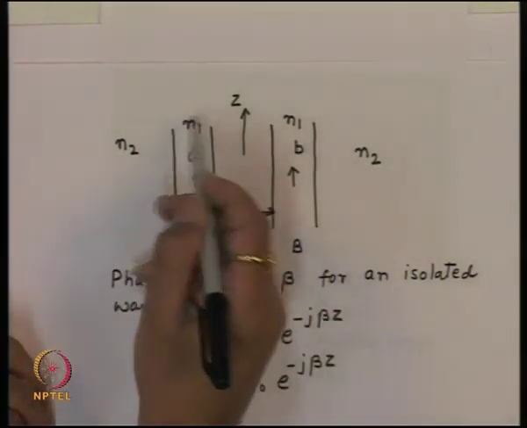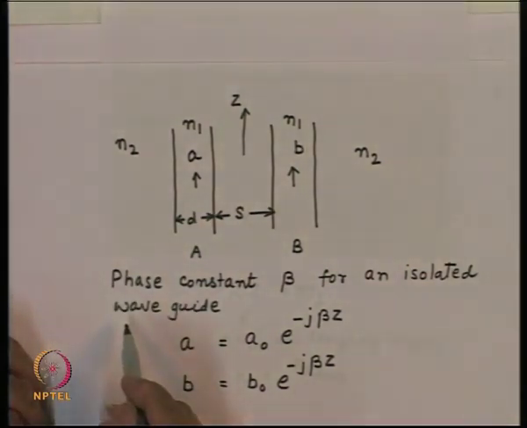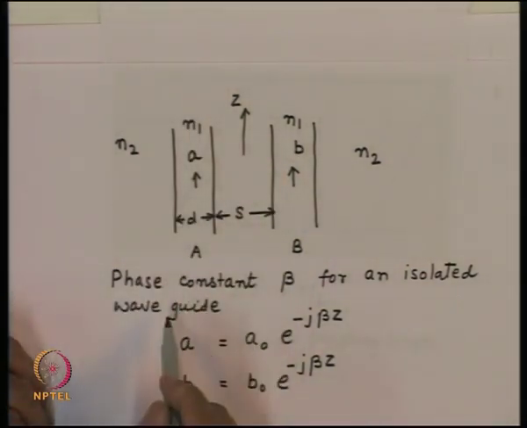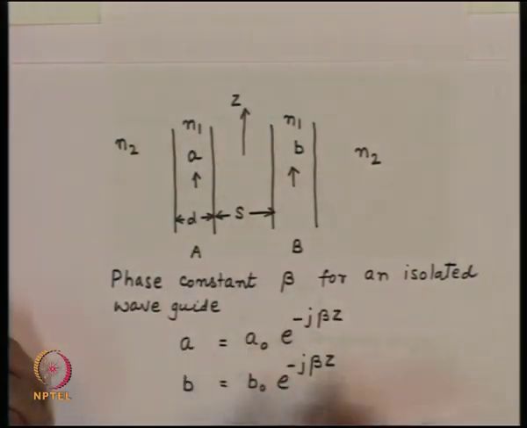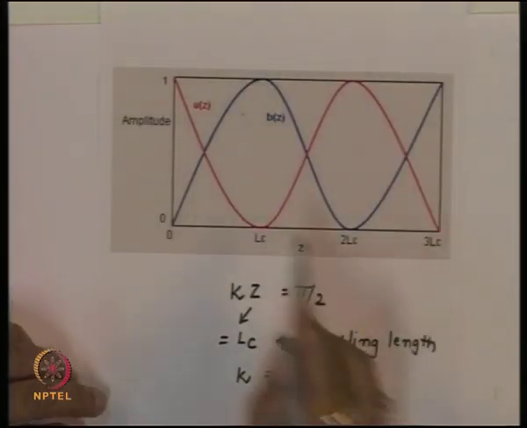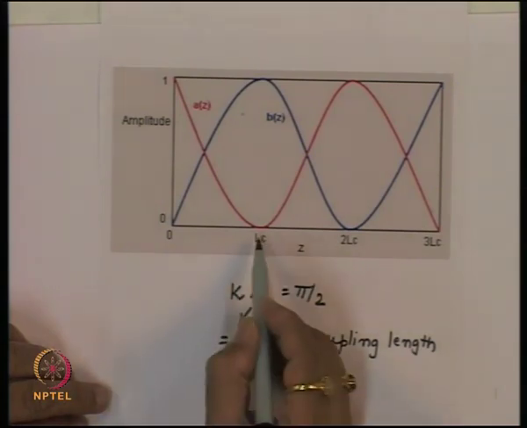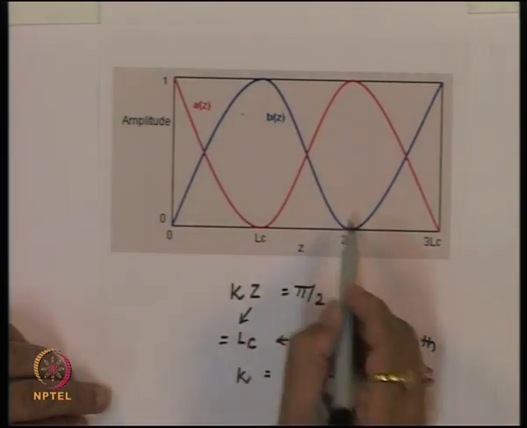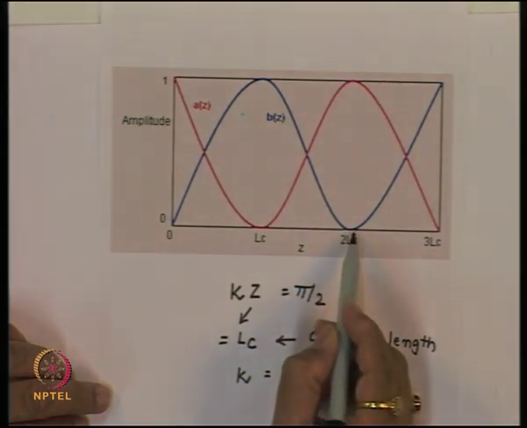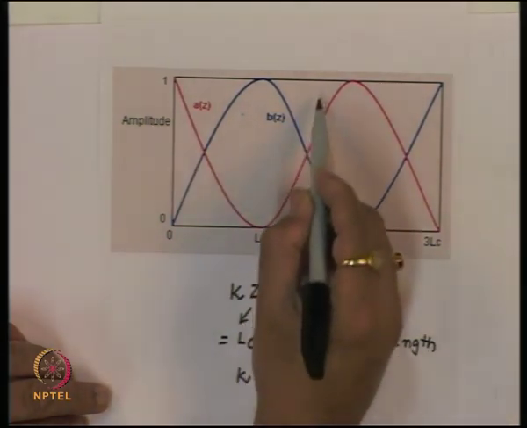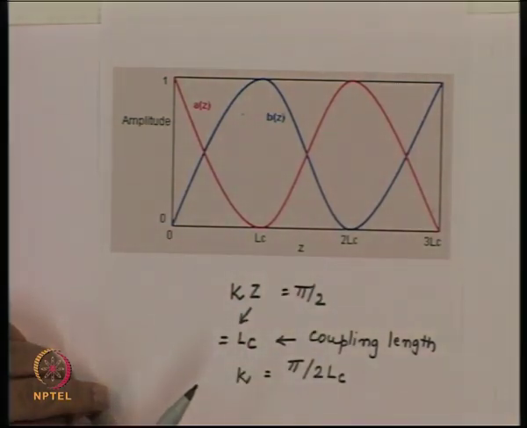So slowly the power starts traveling back, and after two coupling lengths, again the entire power will come back to this and no power will remain here. That's what is shown here, that if I go for one more coupling length, then the power in waveguide B would be 0 and the whole power would again come back to waveguide 1.